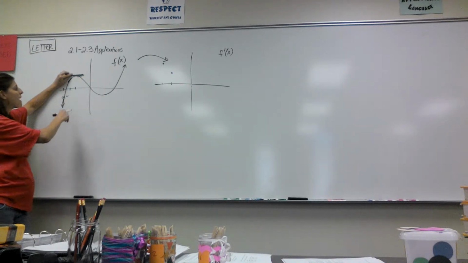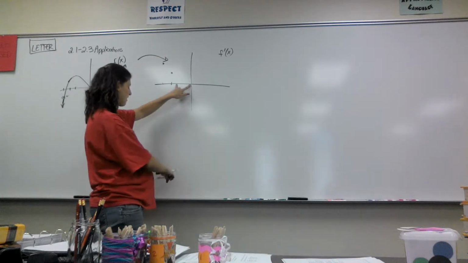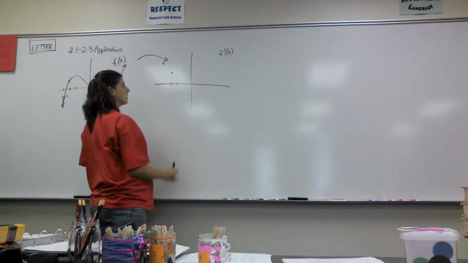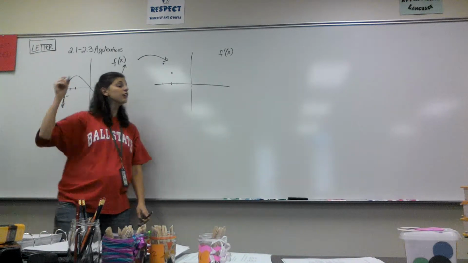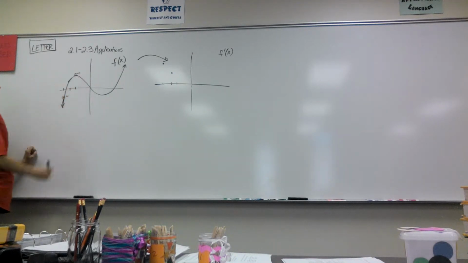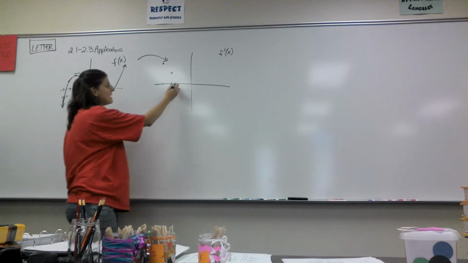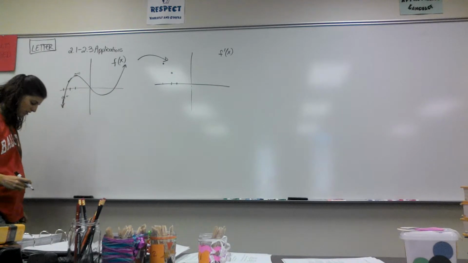What does that mean about my location at that x value on the derivative graph? On the x-axis, slope of 0 here. Okay. My height should be 0 at that same x value.